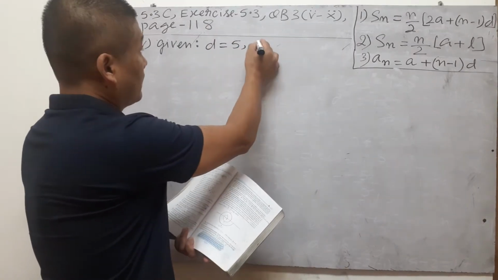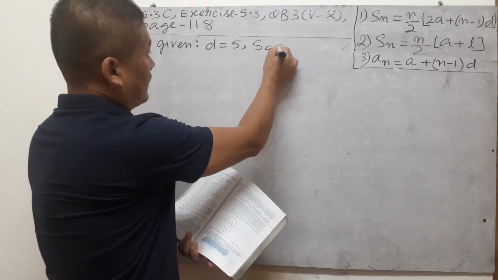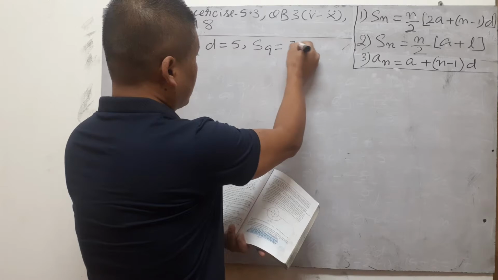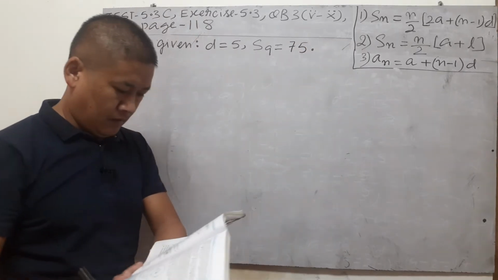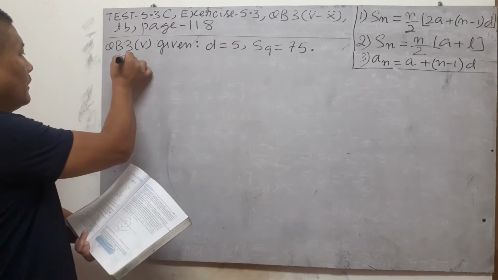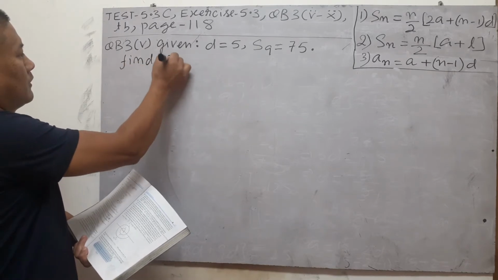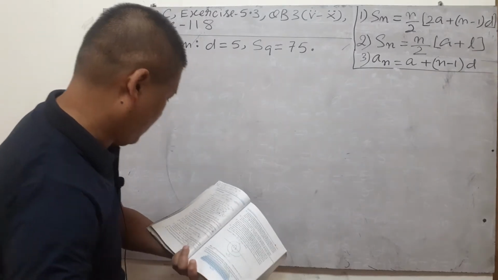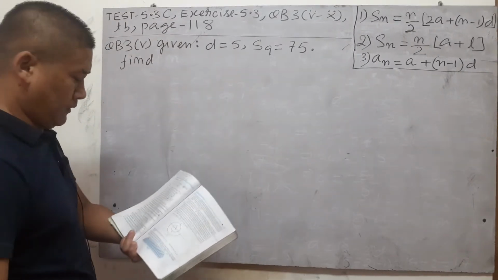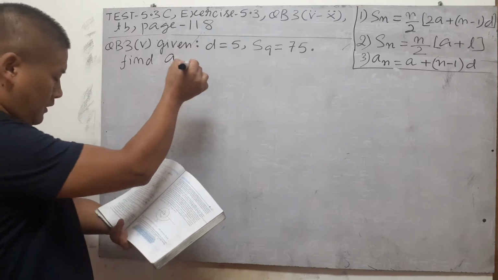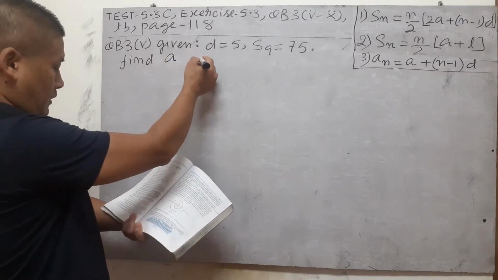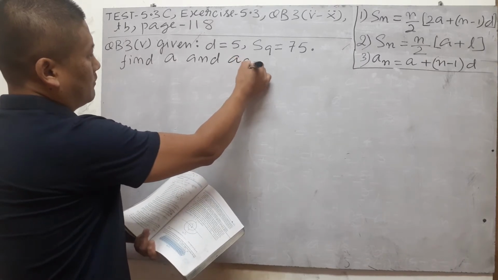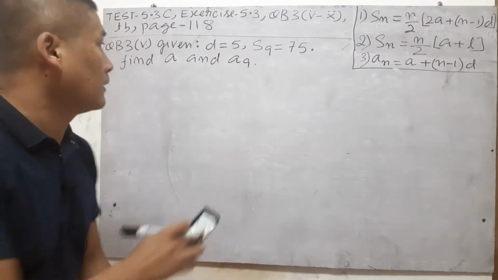Okay, and then the sum of 9 terms, S9, is equal to 75. Then the question is saying find a and a9, the 9th term. So that's what we have to find.